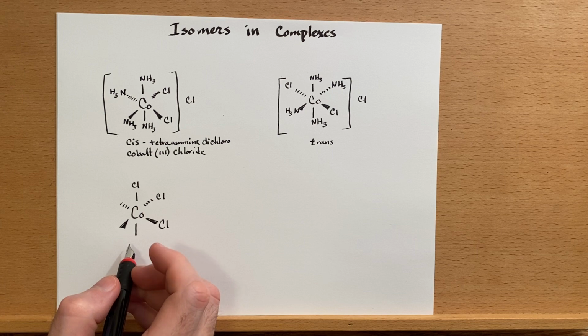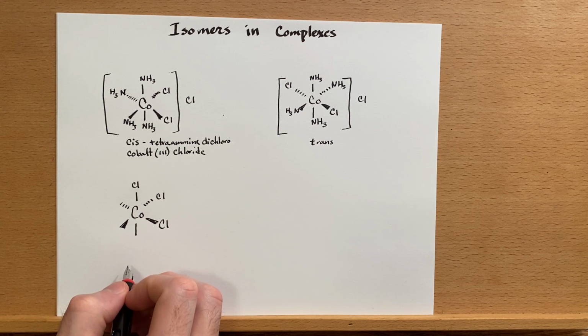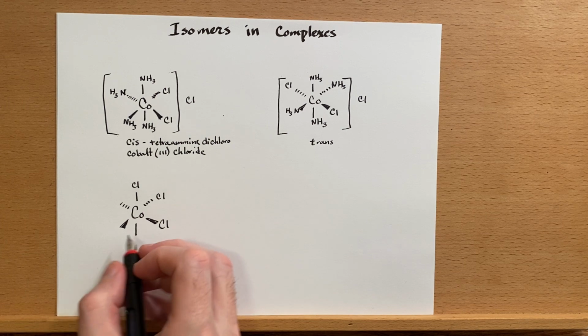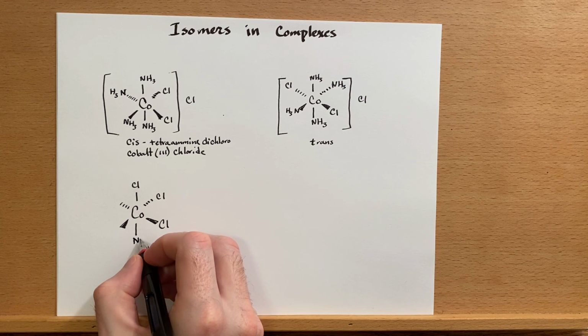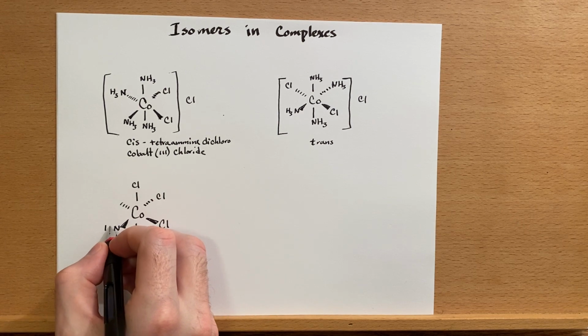So this is the facial isomer, which is sometimes abbreviated FAC, or FAC isomer. And then we have ammonias over here in the other positions.